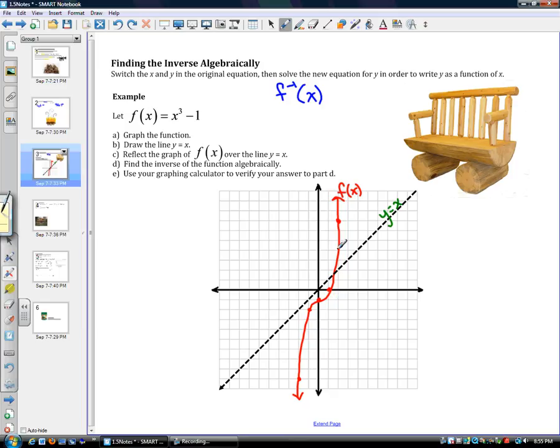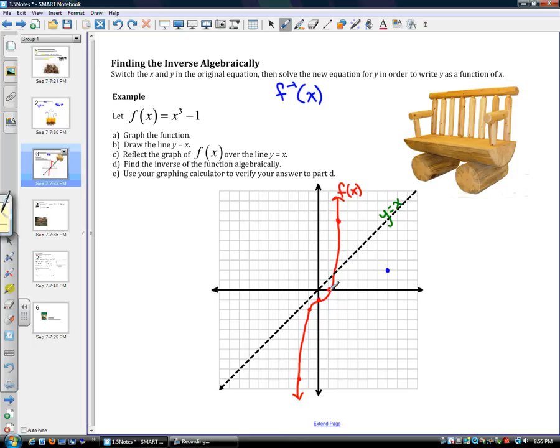So we have these nice 5 little points here, and if we're reflecting over the line y equals x, then that means that we are switching the x and y coordinates at each of these points. So this point right here was at 2, 7, so therefore I want to go to 7, 2.